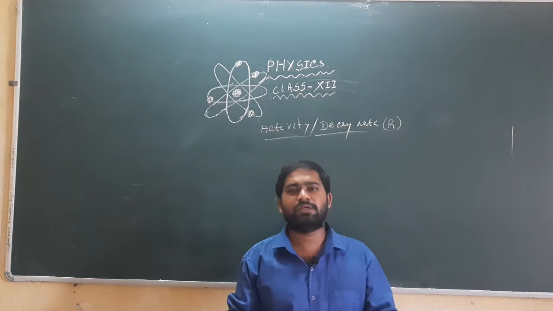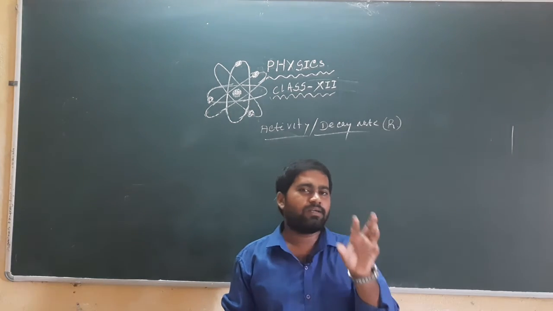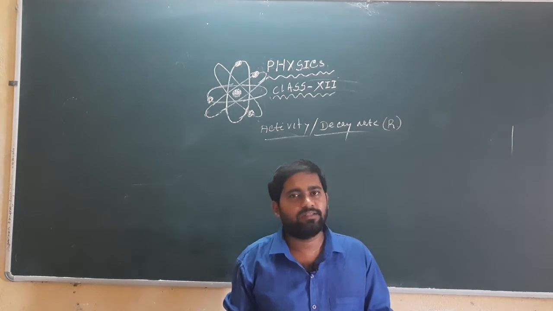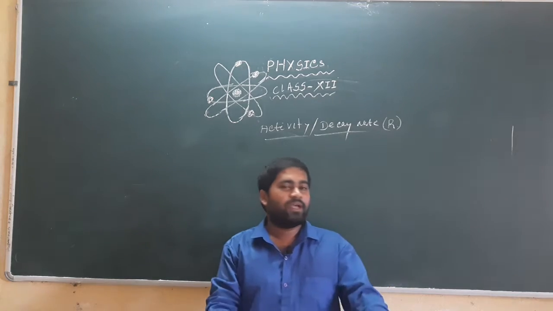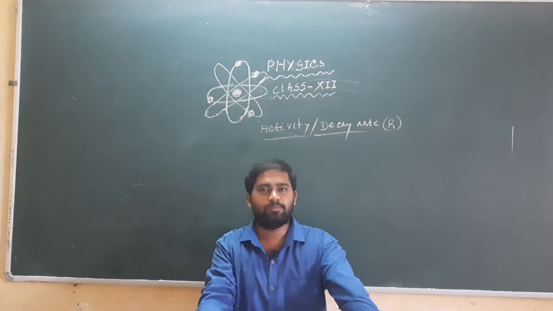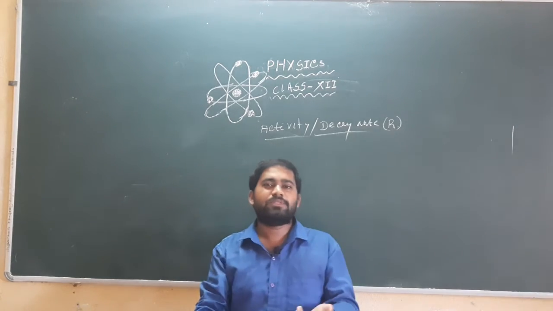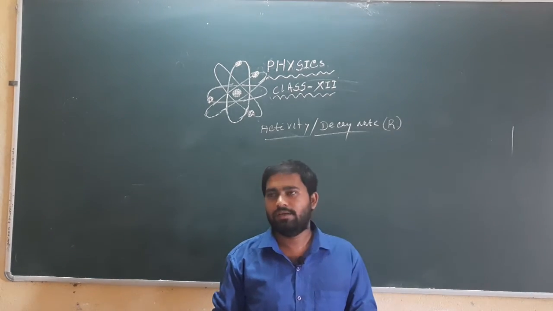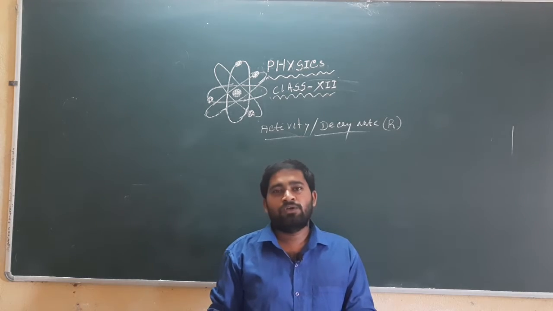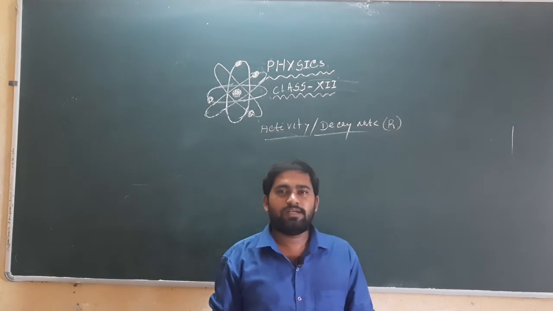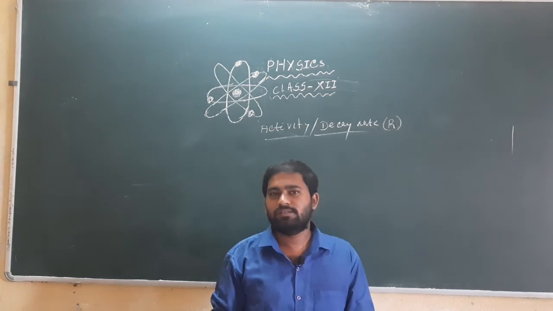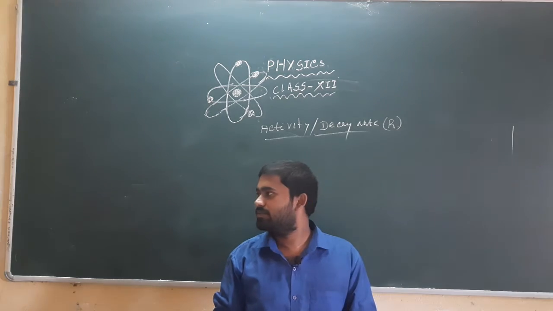Suppose a radioactive material has 100 samples inside the nucleus, and from those 100, in 1 second the number of samples that decay is 10. So the rate of decay per second is 10 samples.